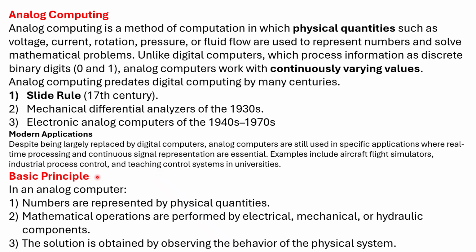For teaching, the basic principle is, in an analog computer, numbers are represented by physical quantities. Mathematical operations are performed by electrical, mechanical, or hydraulic components. The solution is obtained by observing the behavior of the physical system.